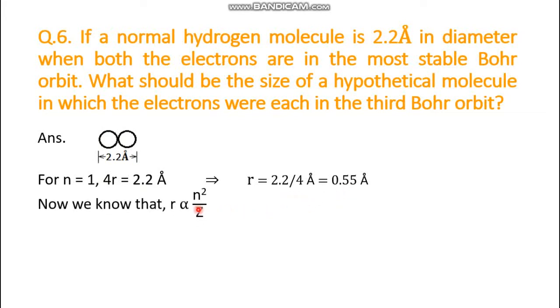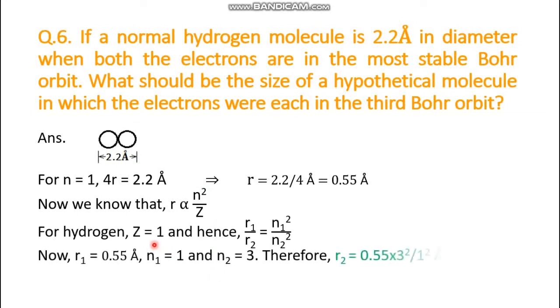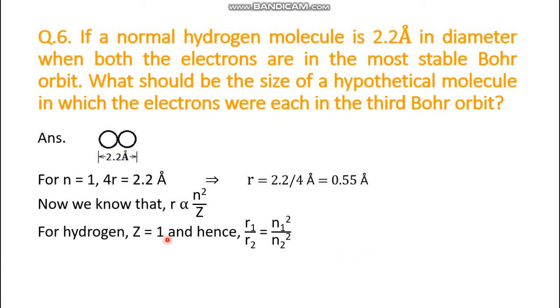I have said that this proportionality relationship, r varies as n square by z, would be very useful in order to calculate, so we have to utilize this. We know that r varies as n square by z, and for hydrogen z equals 1. If z equals 1, then r by n square is constant, isn't it?